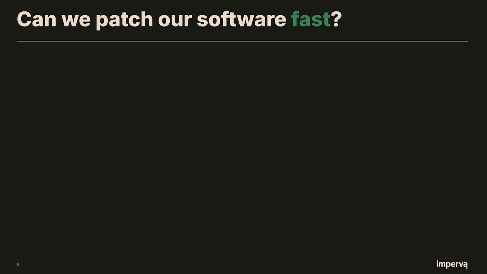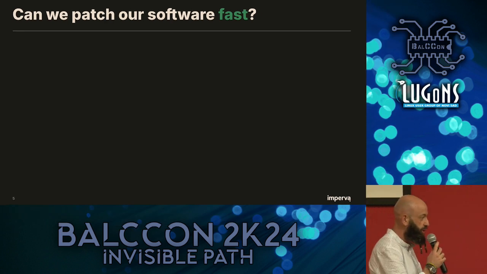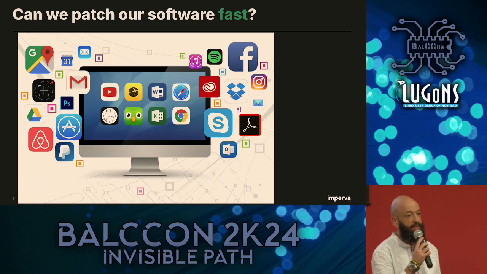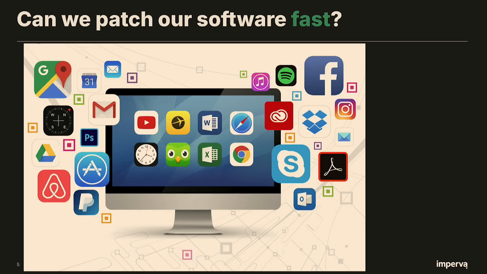So if we agree that we have to patch our systems fast, or at least we should strive to do so, let's see if it's an easy task. Imagine you have some website or some infrastructure. You have many components. Some of them you developed in-house.